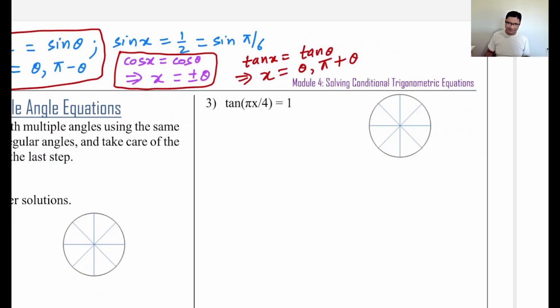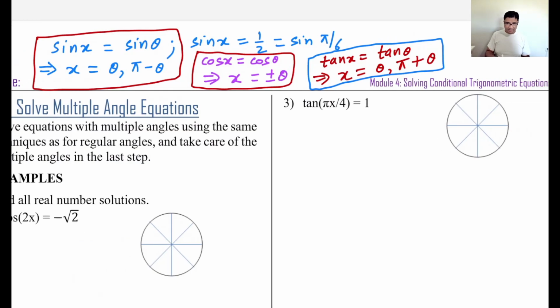That just helps here. x will be theta and pi plus theta. Again, all of these solutions work whether theta is in the first quadrant, second quadrant, third quadrant, or fourth quadrant. It works for all. So these three basic results you want to make note of.